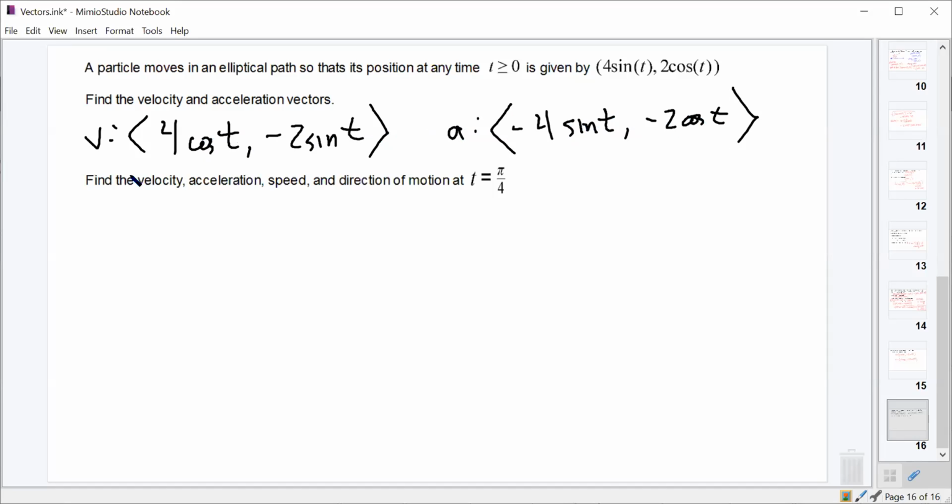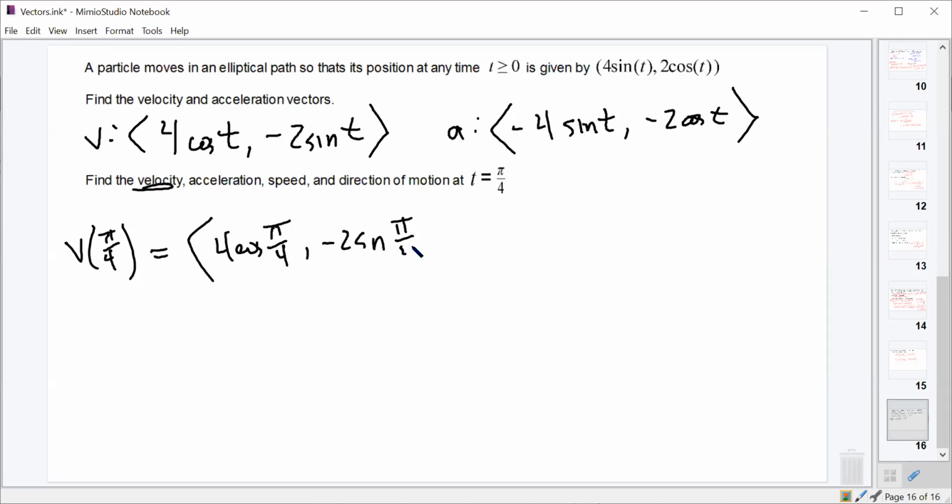All right, and then it just says find the velocity and the acceleration. The velocity should just be the vector that represents the velocity at pi over 4. So the velocity at pi over 4 should be 4 cosine pi over 4 and negative 2 sine pi over 4, which is what? 4 root 2 over 2, or just 2 root 2, and negative root 2.